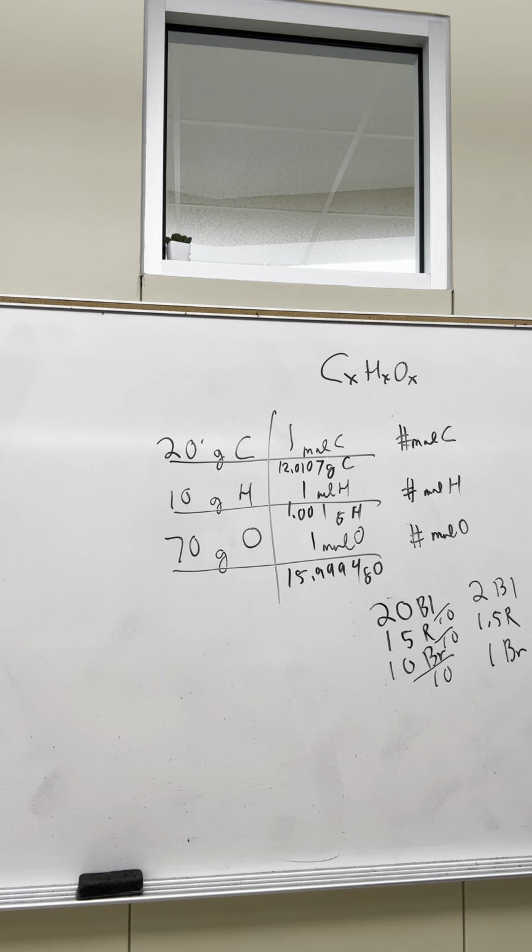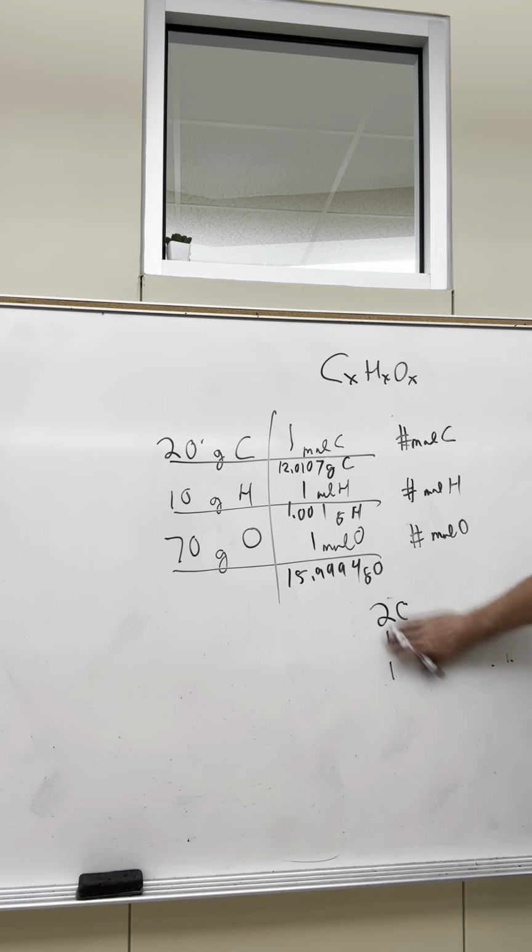Now, there's no such thing as half a person. And so I'm gonna multiply these numbers by some number to get to whole numbers. So this 1.5 needs to become a 3. So multiply that by 2, by 2, by 2. 4, 3, and 2. So I've got 4 blondes, 3 redheads, and 2 brunettes. That would be my lowest whole number ratio.